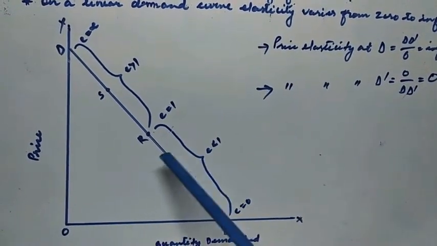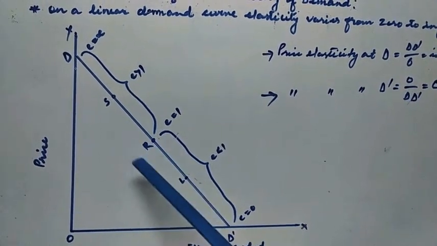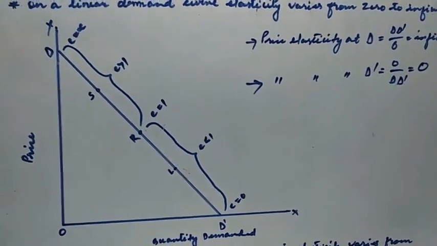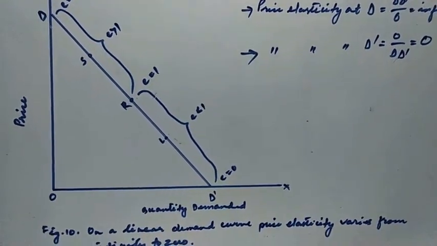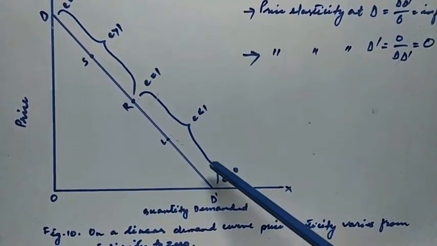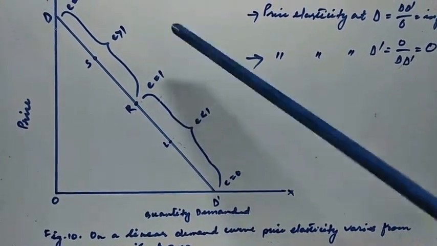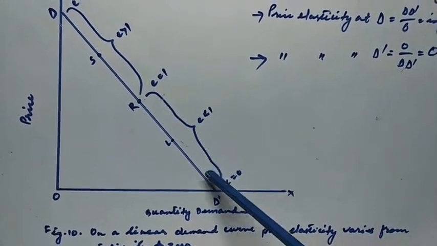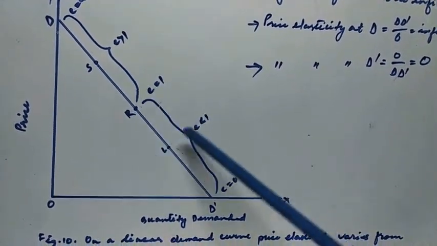And that covers when the point lies below the middle point. What we have seen in this diagram is that on a linear demand curve, elasticity changes from 0 to infinity. Different points will give you different price elasticity.